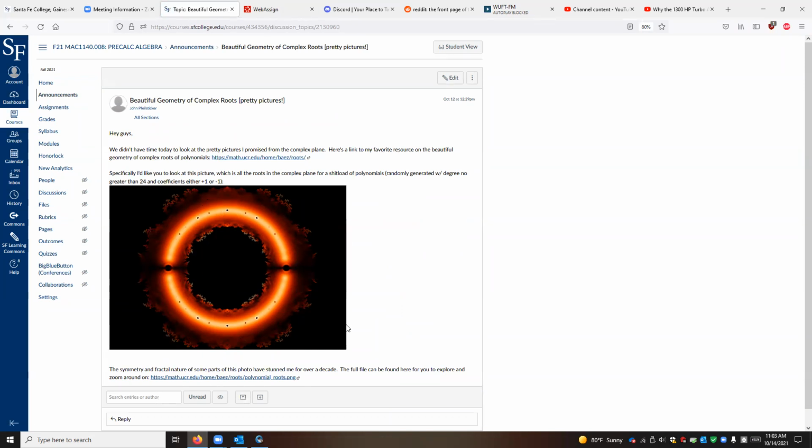The author used a computer to generate all possible polynomials with degree no greater than 24 and coefficients either +1 or -1, and then used a computer to find the roots of all those polynomials. Many of those roots are non-real complex roots, right? So this picture is the author graphing all of those complex roots in the complex plane.